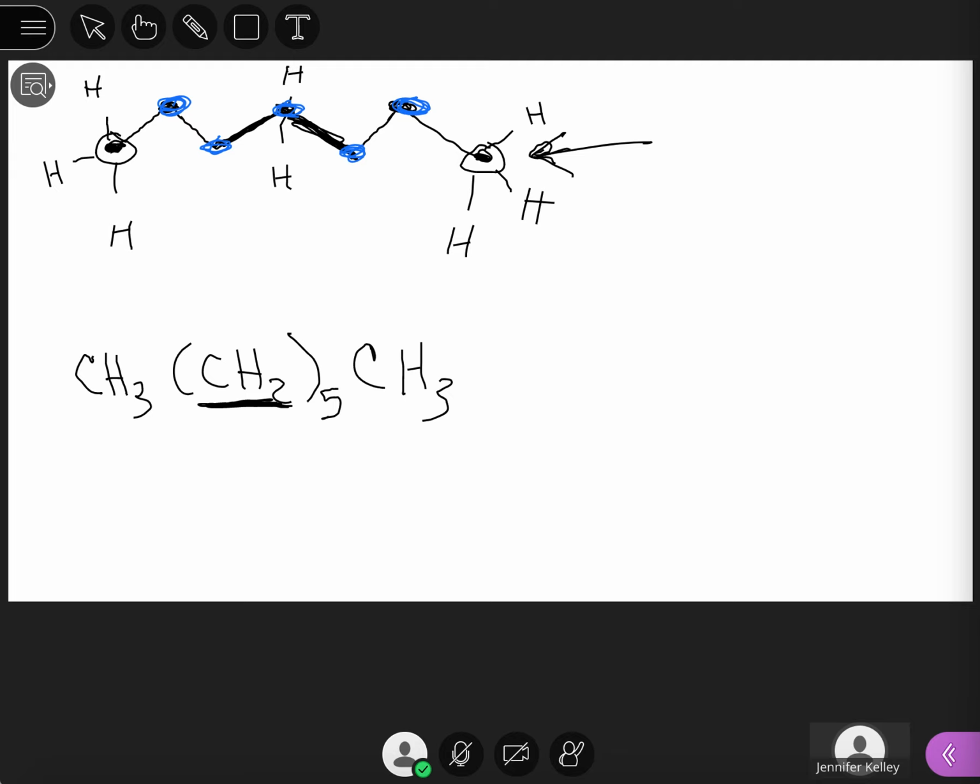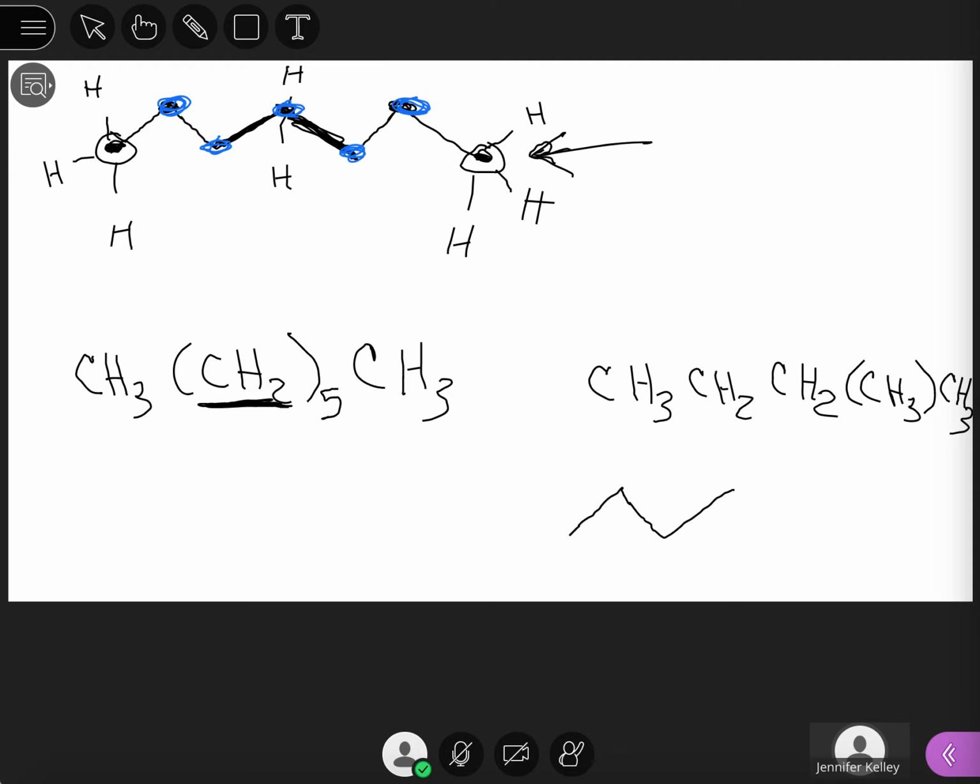There are other times I can see it look like this: CH3, CH2, CH2, parentheses CH3, and then CH3 again. And what that's saying is that you have, let's see, 1, 2, 3, 4 carbons in a row.